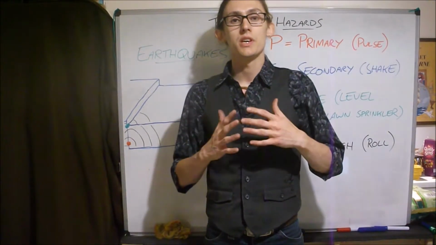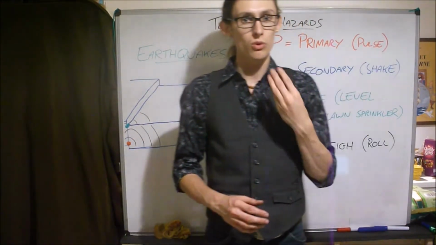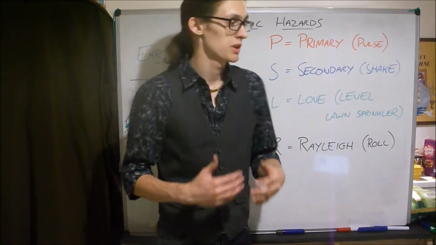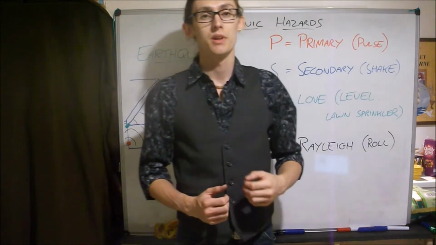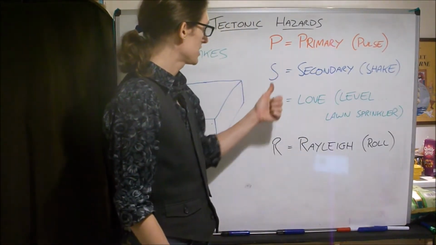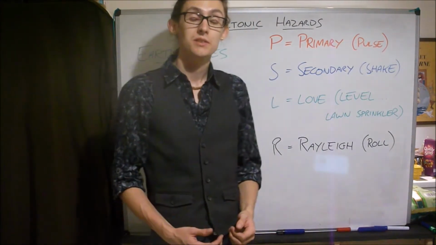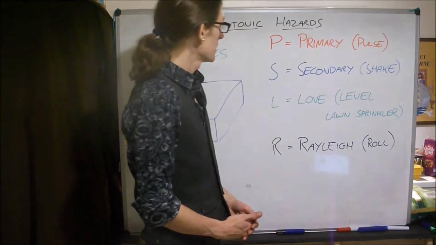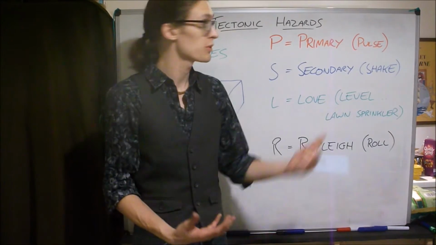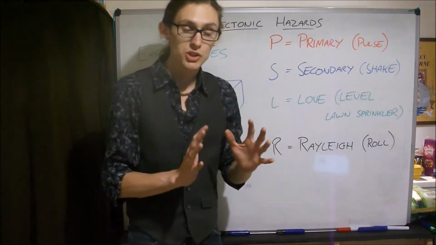So when the energy is released from the focus, you get four different types of seismic waves being released from the earthquake point. These are the P, S, L and R waves. And handily, they go in that order. You start off with a P wave. Now this is called the primary wave. I remember it's the pulse wave because you don't feel any shaking on the surface.